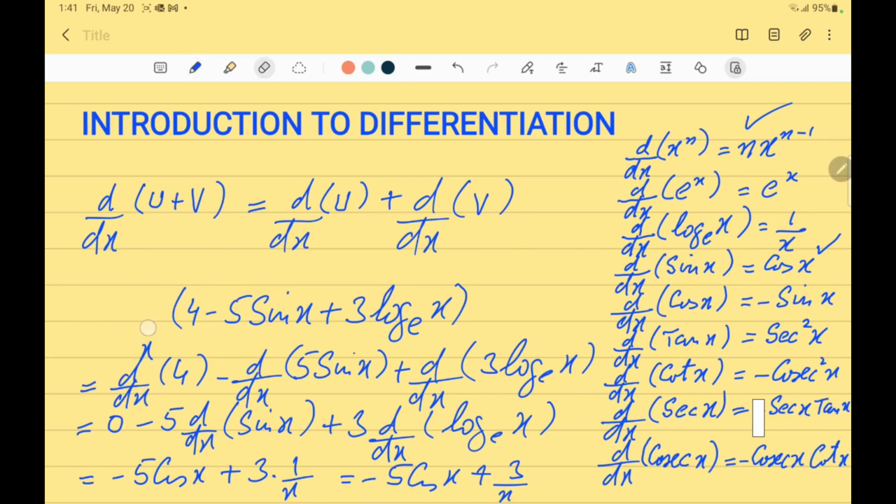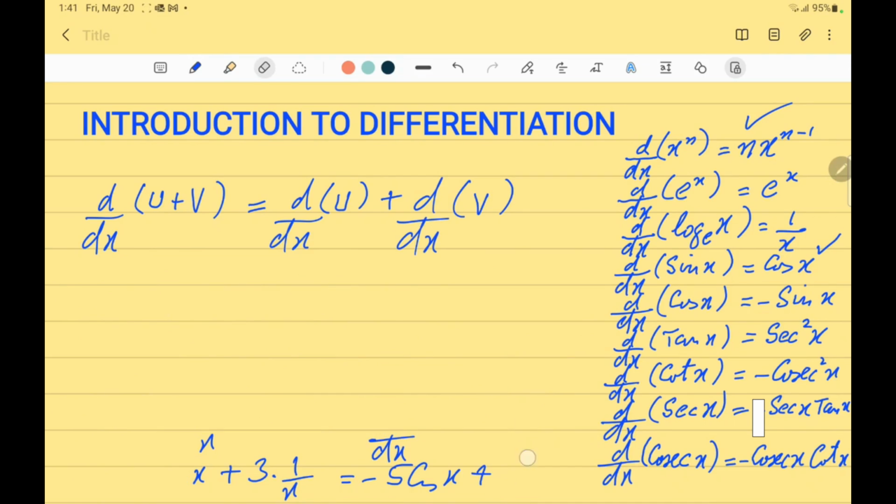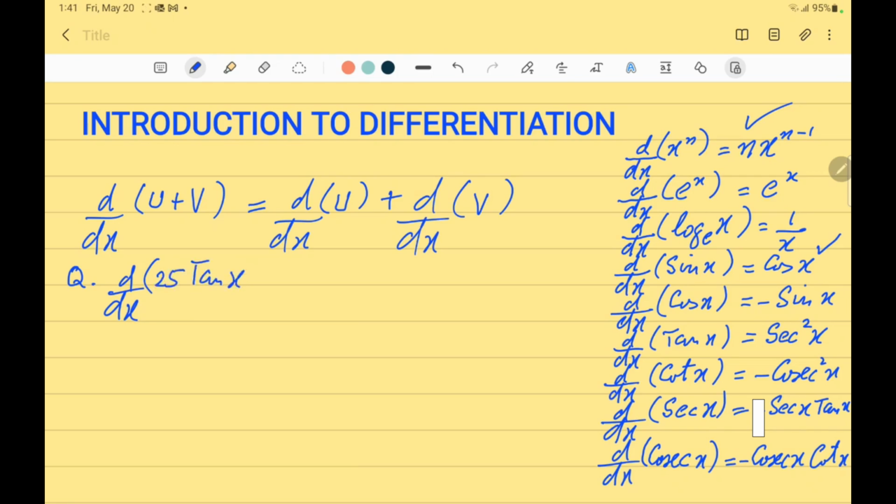Now let us take another example. It is d by dx of 25 tangent of x minus 7 cosecant x plus 2 e raised to power x plus 6.